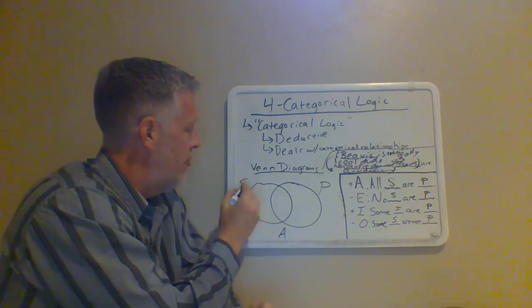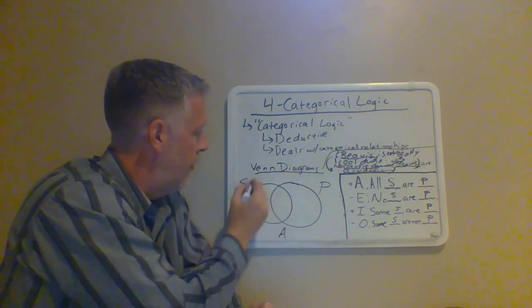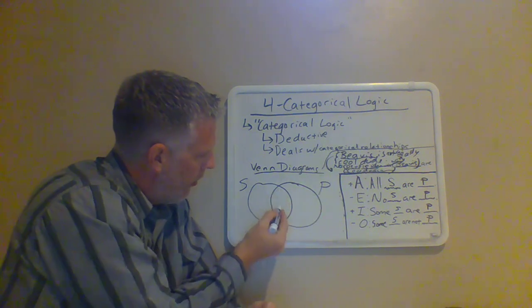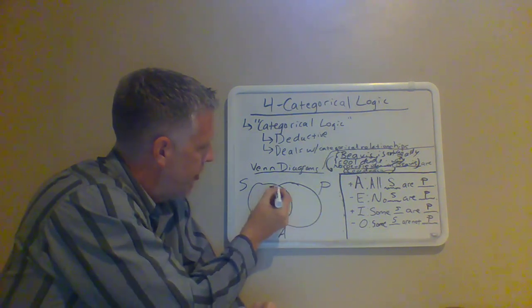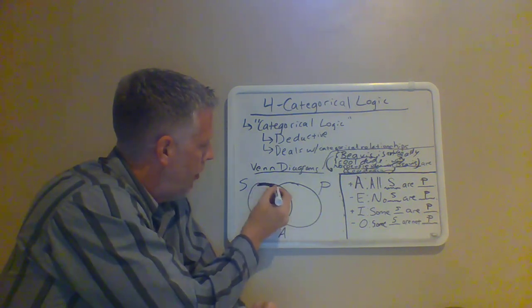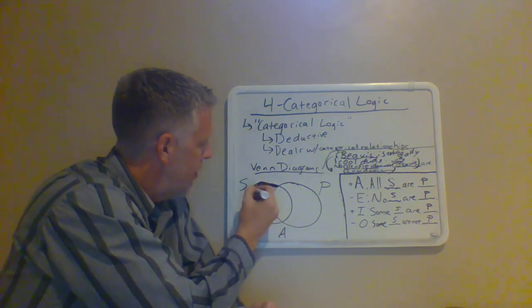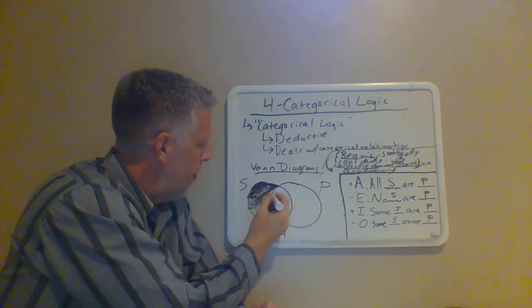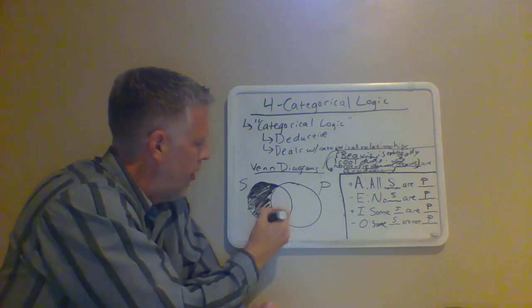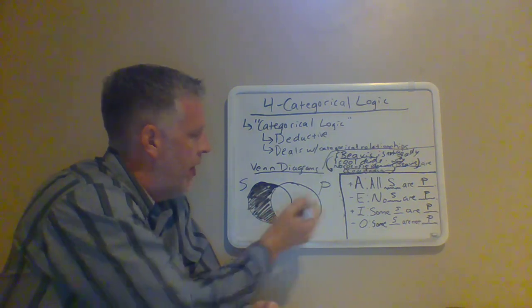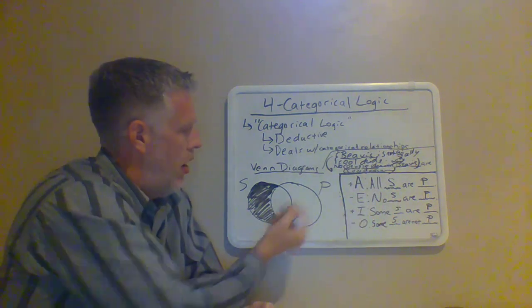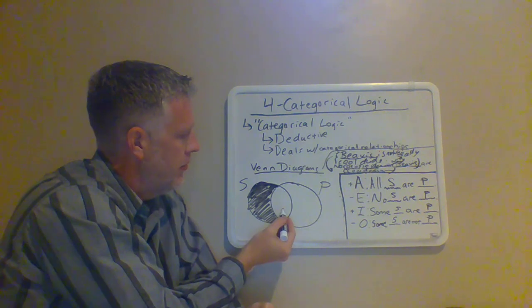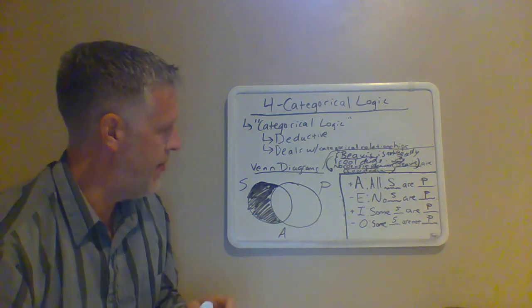We want to shade out, excluding from the realm of possibility, this area of the S circle, because it's not possible to be out here, given what we're told. All S are P. Hopefully that makes sense.